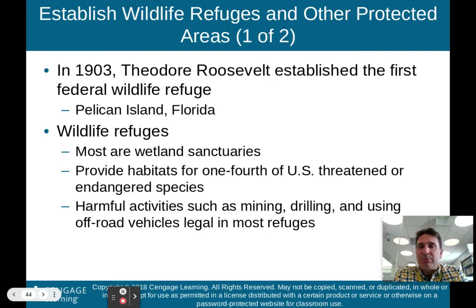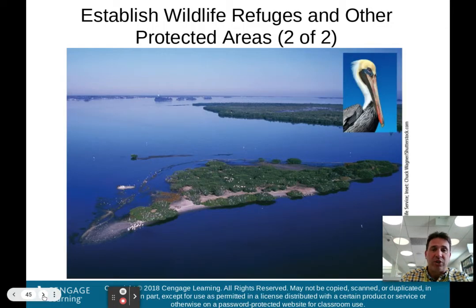Harmful activities such as mining, drilling, and using off-road vehicles are actually legal in most refuges, but they're limited and they are controlled. Okay, so you're not going to get as much of them as you would. So here is Pelican Island. Again, this was the first national refuge that was created in the United States, and there it is in all its glory.